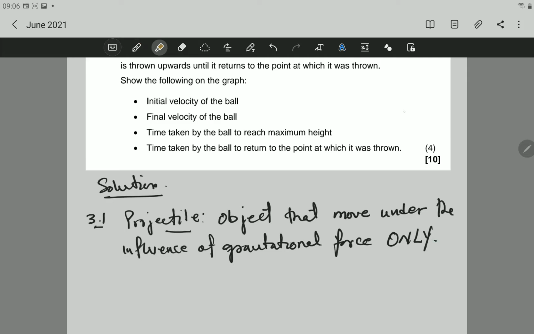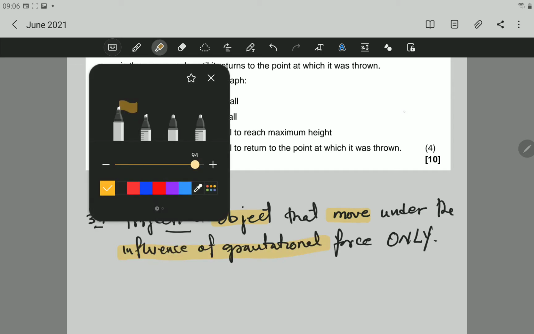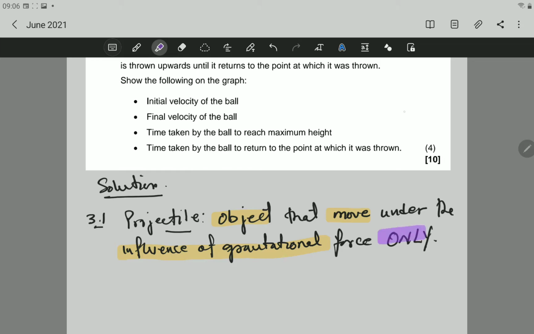Why did I highlight that one? First of all, a projectile is an object, and the object is moving under the influence of gravitational force. Now, only is very, very important. If you don't write only, you won't get the mark.